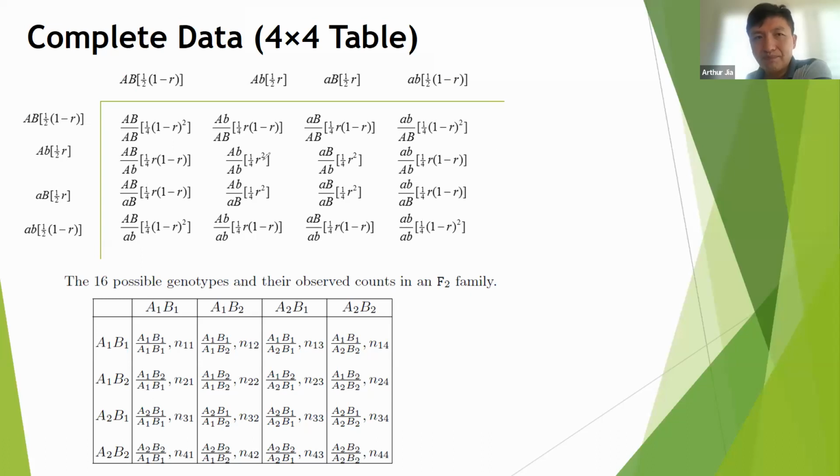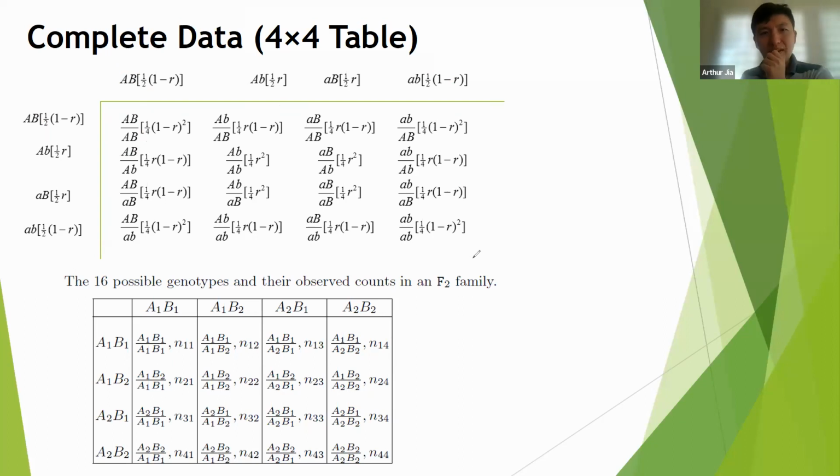For example, if this gamete comes together with this gamete, then the F2 progeny will have this genotype, and this is the probability for that progeny. Since they are independent, we multiply this probability by this probability, and we get this. So easily you can get the rest, the same thing.